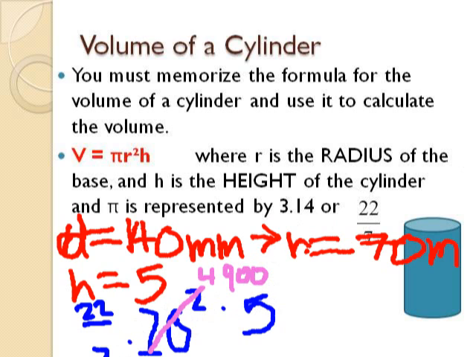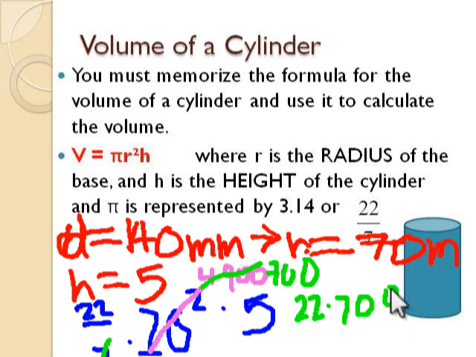I need another color now because I'm going to do some canceling. So this 7 cancels out, and this ends up being 700. So now ultimately I'm doing 22 times 700 times 5.